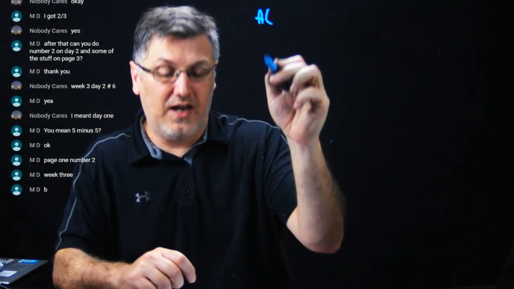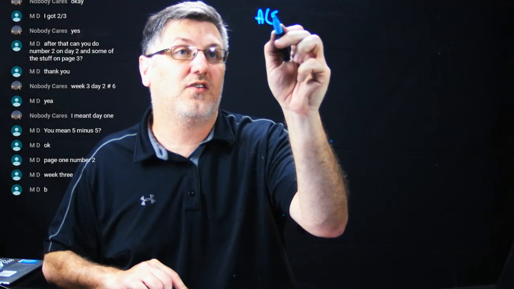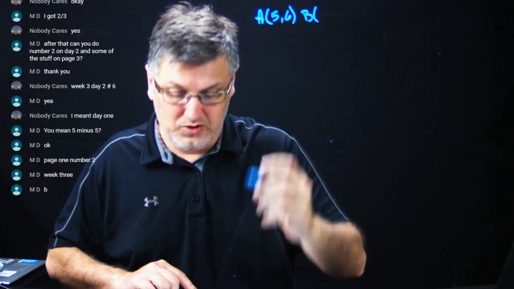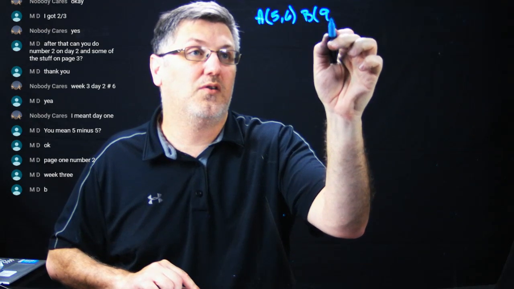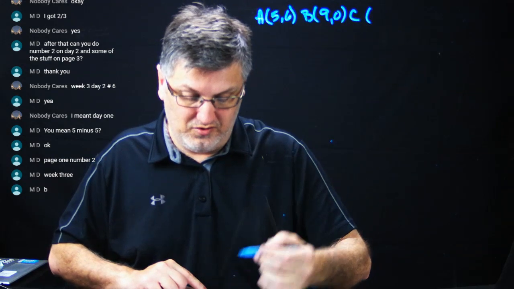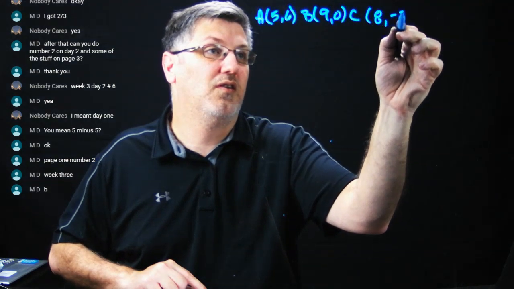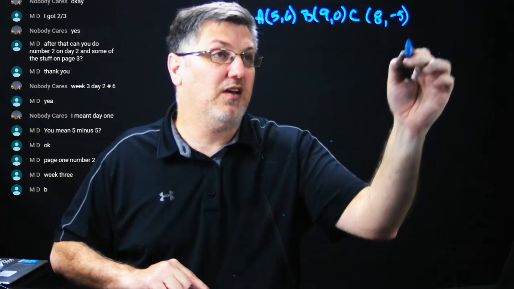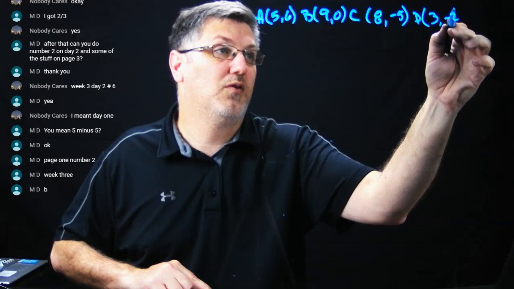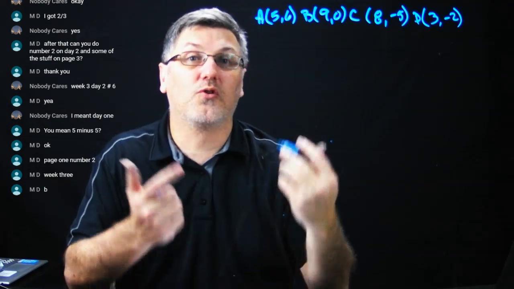So I have A as 5, 6. I have B, which is 9, 0. I have C, which is 8, negative 5. And then I have D, which is 3, -2. Okay, so we're going to do slope.